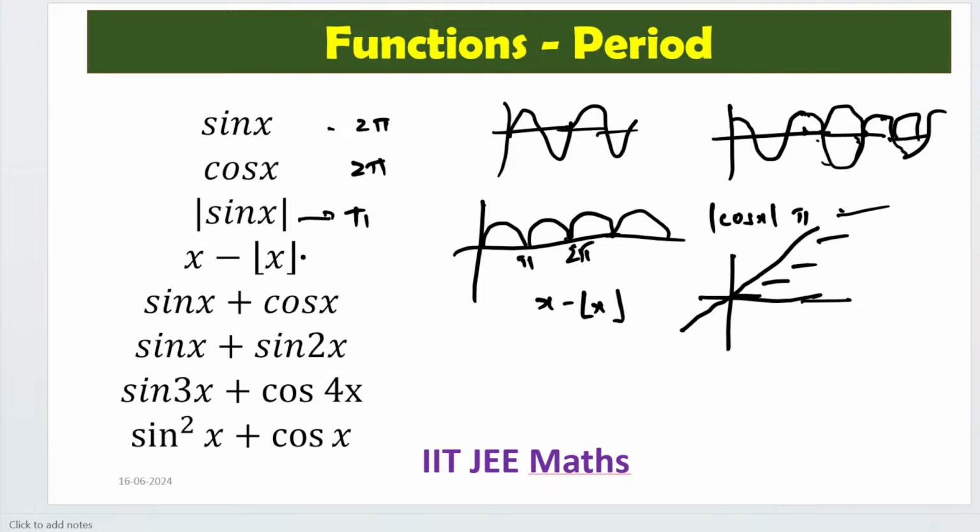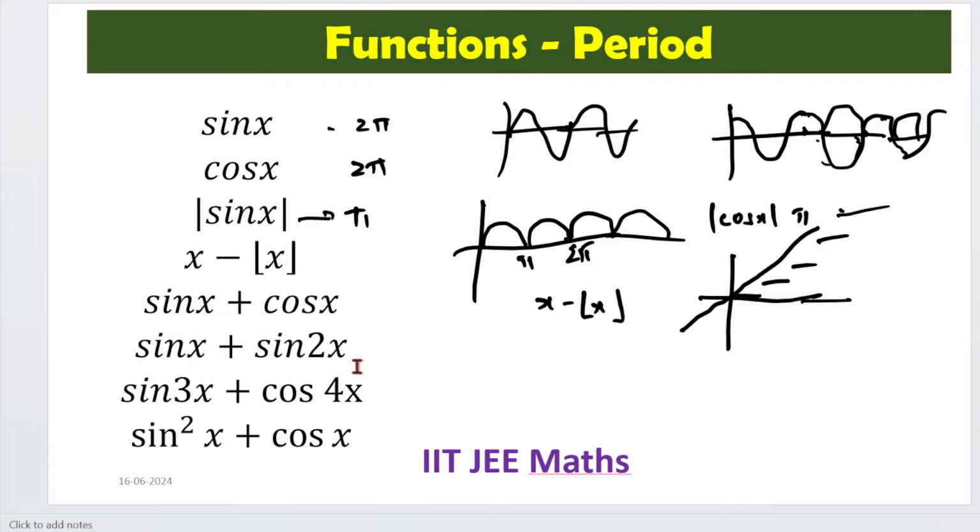Sir, basically for sin x and cos x, the period is pi, and for mod of sin x, it is pi. Now if we plot the graph of x minus greatest integer function of x, we normally consider the number which is less than or equal to the given value.